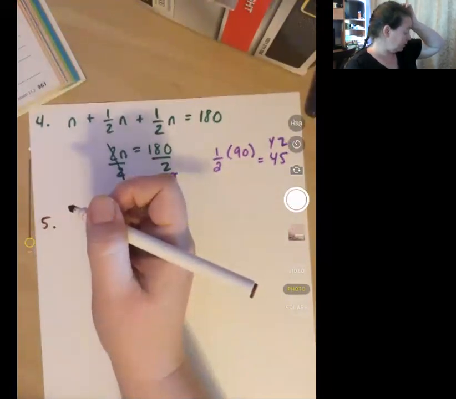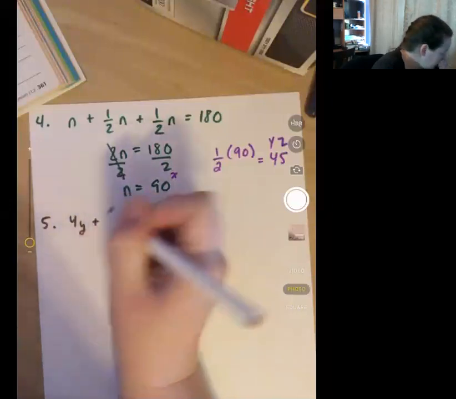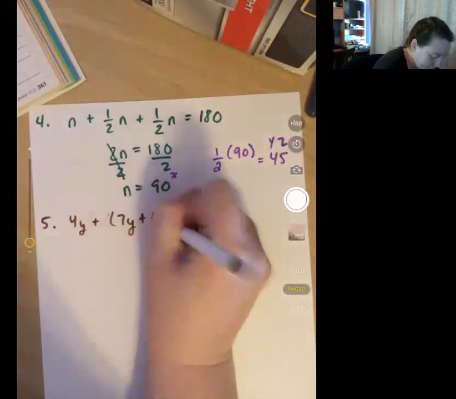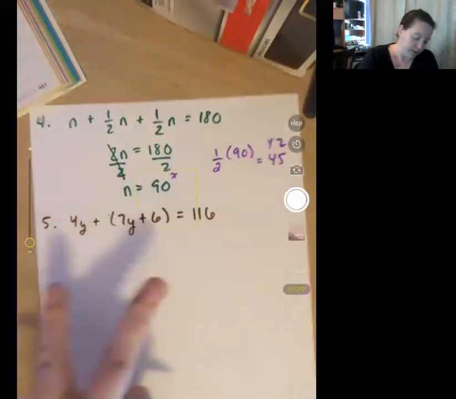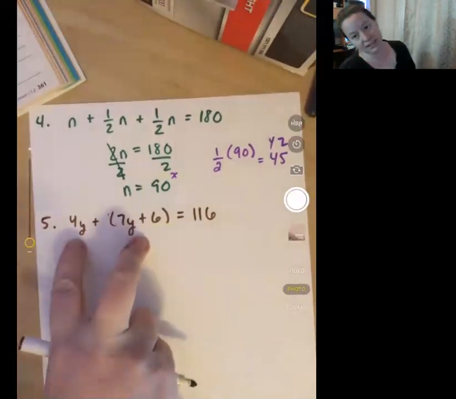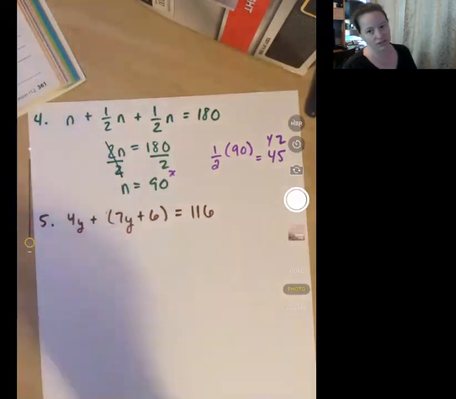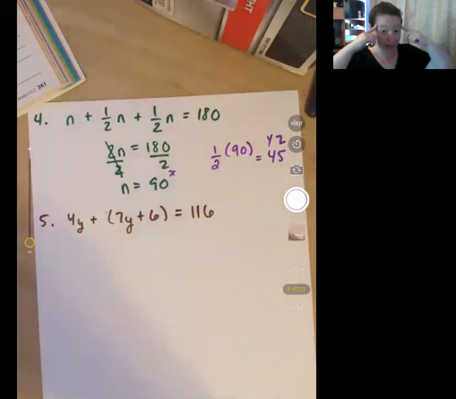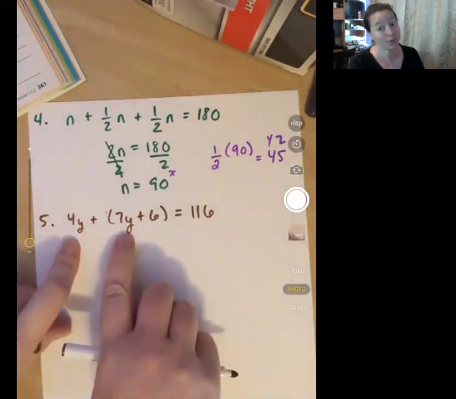So 4y plus 7y plus 6 is equal to 116. So this is 2 remote interior angles added together equal the exterior angle. Keep that in mind. I'm going to put together the ones that have the y's. So the 4 and the 7 go together because they both have y's.